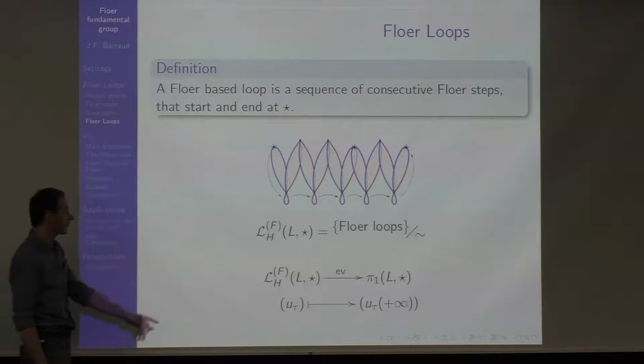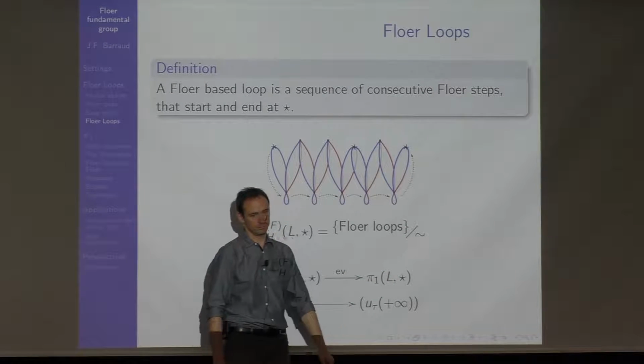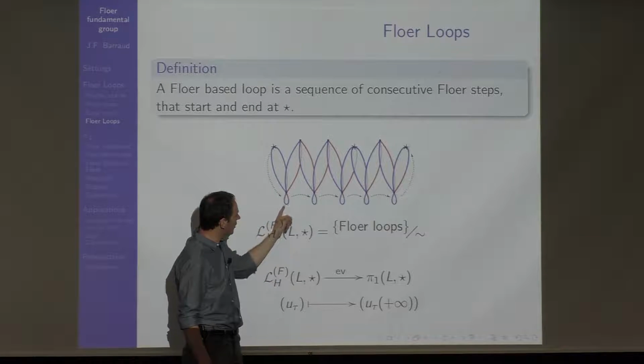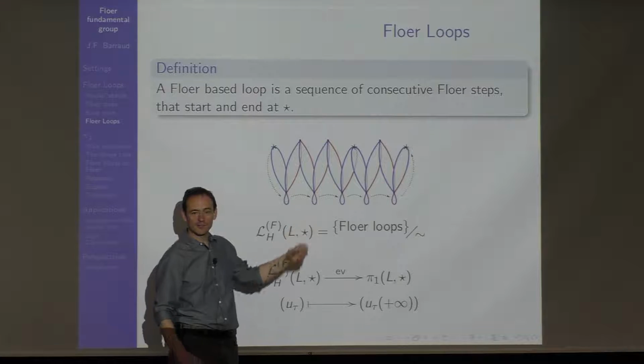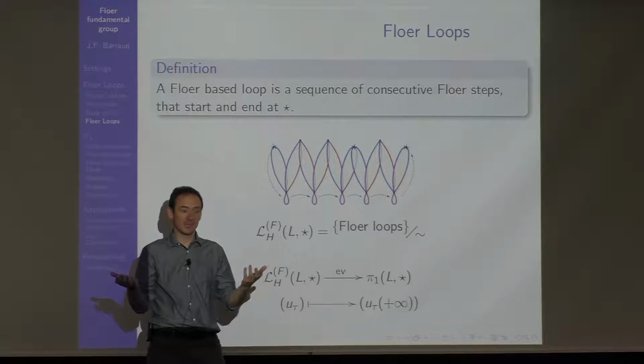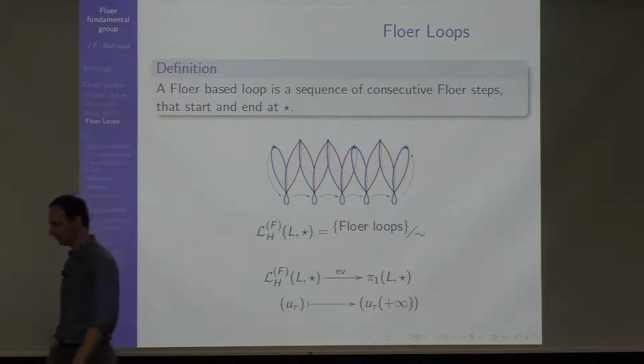So it gives me a map from the space of Floer loops to the fundamental group. Of course, the parameterization of the path I have here is not so well defined. It depends on the parameterization of the moduli space, which has no canonical parameterization. But I'm only interested up to homotopy, so it makes sense.